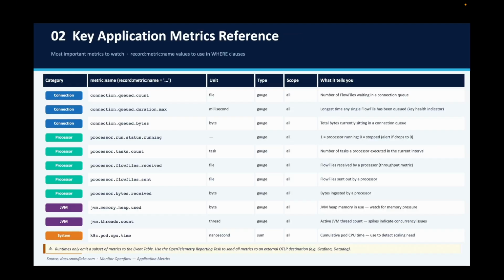Key application metrics reference. Most important metrics to watch, like record metric name values to use in where clauses. Let's say if we can divide that into categories, you have connections, you have processors, you have JVM, and you have system. So how do you fetch that?